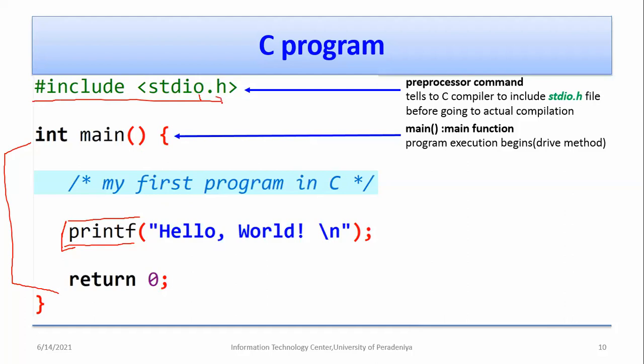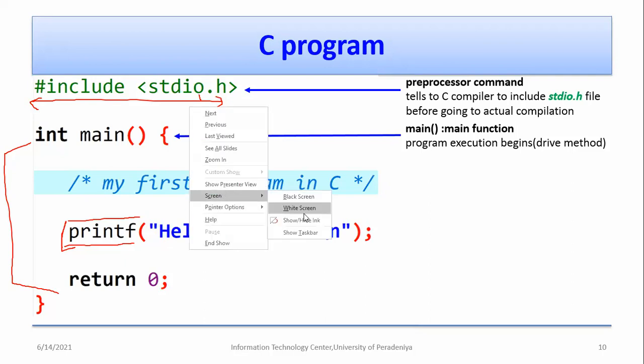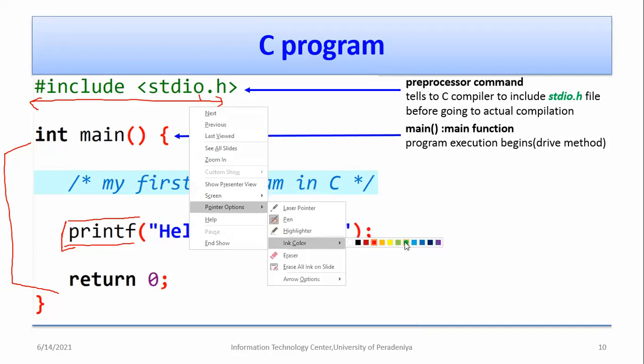So that's why I include this header file in my program. All right. So within the printf function, here I'm going to output the message, right? If you want to output a message, you have to put your output message within double quotation marks, right? So in here I'm going to output the message.